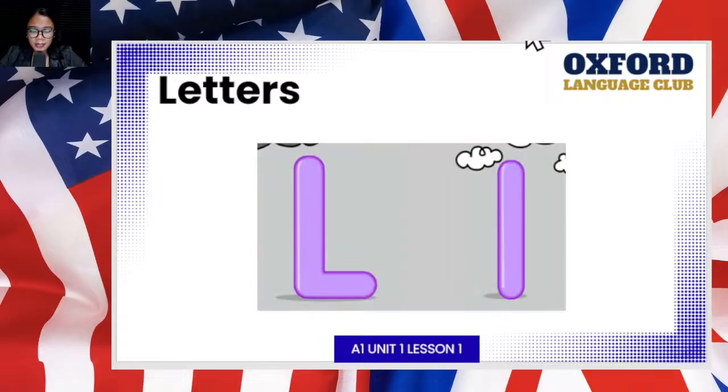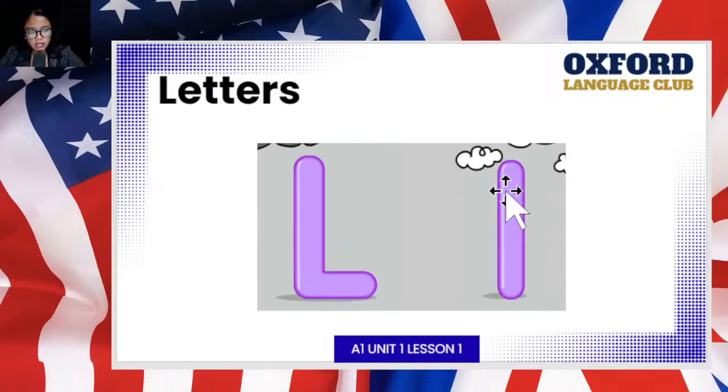Let's move on to the next letter. Letter L. How do we pronounce this one? L, L, L. This is the big L. It looks like a corner, one line down and one line across.